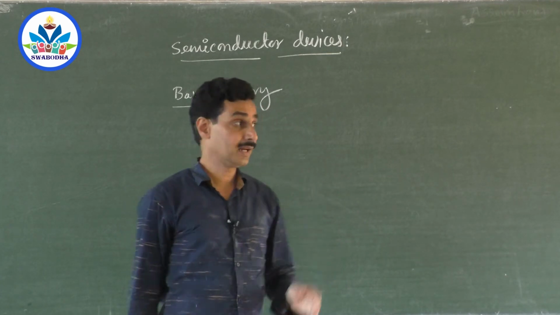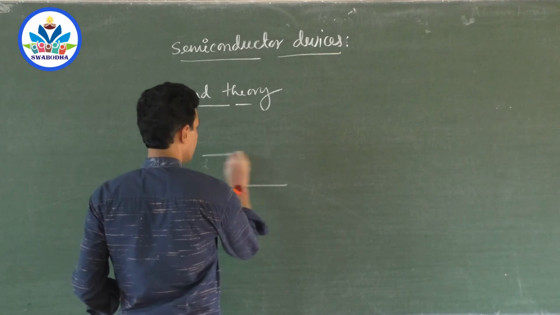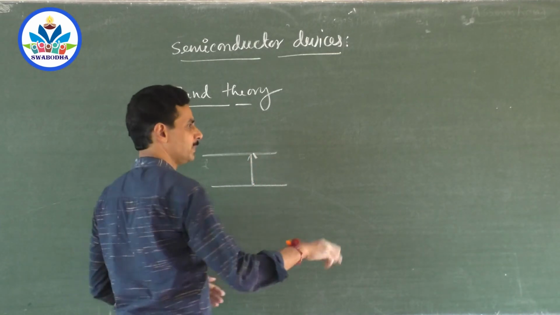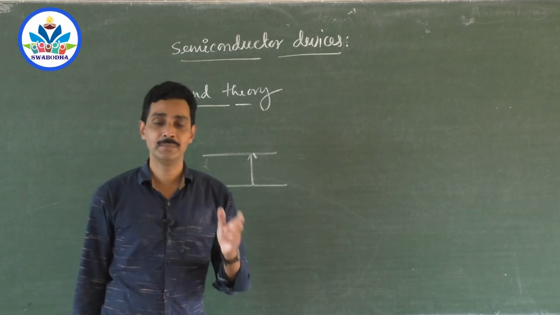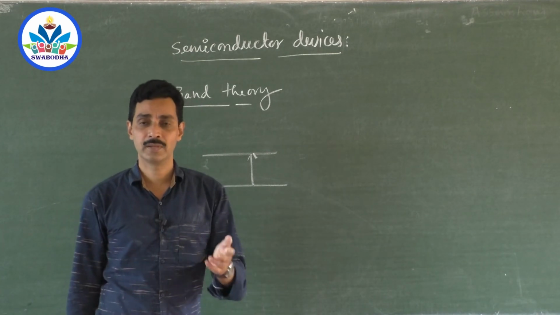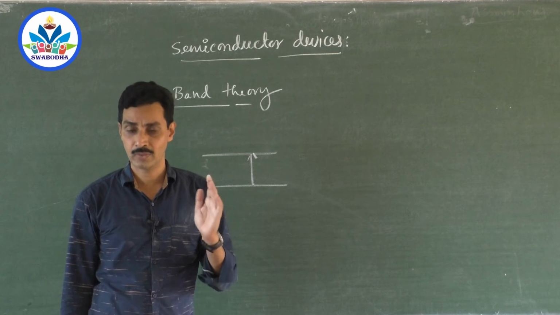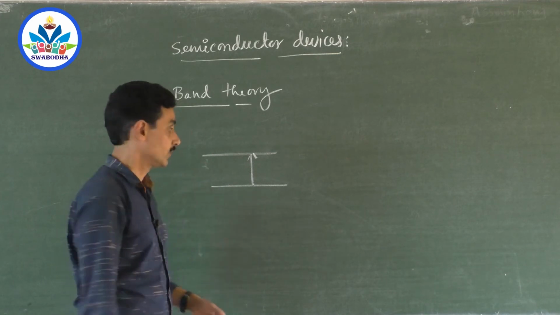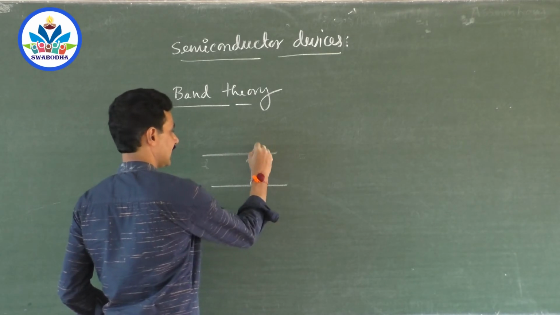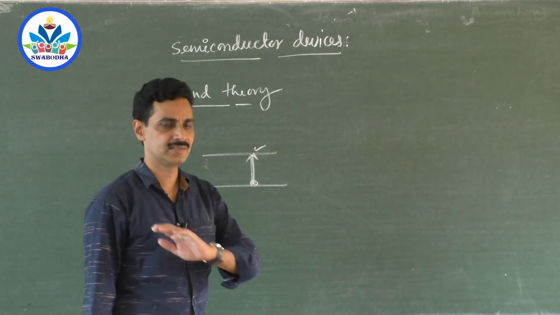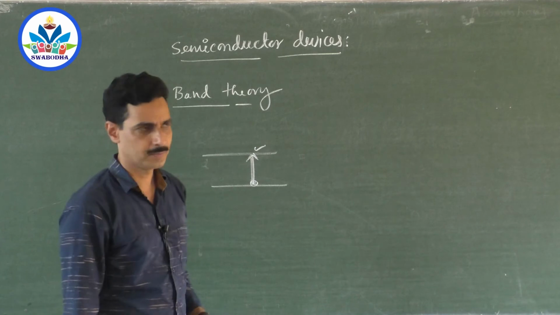And if the energy supplied is not enough to go to the next energy level, it simply rejects it and doesn't absorb it at all. So that is what you call the quantum nature of energy. Energy is absorbed or given out only in the form of quanta, that is, packets of energy. So an electron absorbs energy only if it is enough to go to the next energy level. Otherwise it simply rejects it and doesn't absorb it at all.